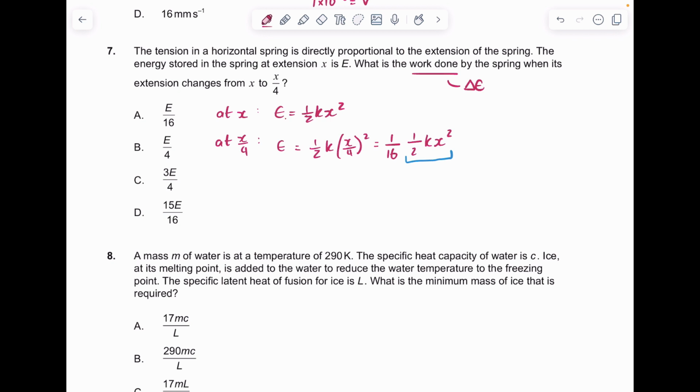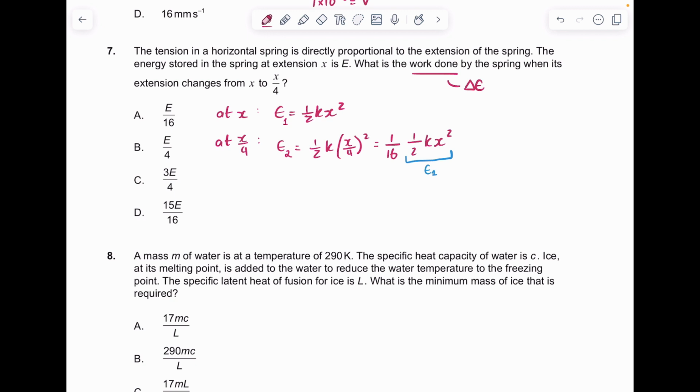So if that is kind of our E1 and this is our E2, that is 1/16 of the energy stored initially at E1. So we've gone from there being a certain amount of energy E1. When it's come to x over 4, there is now a new amount of energy that is equal to 1/16 of E1.